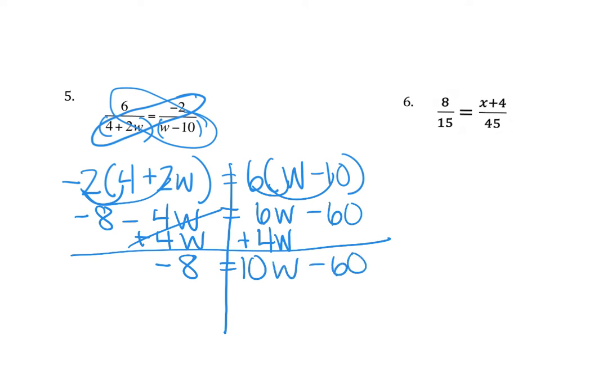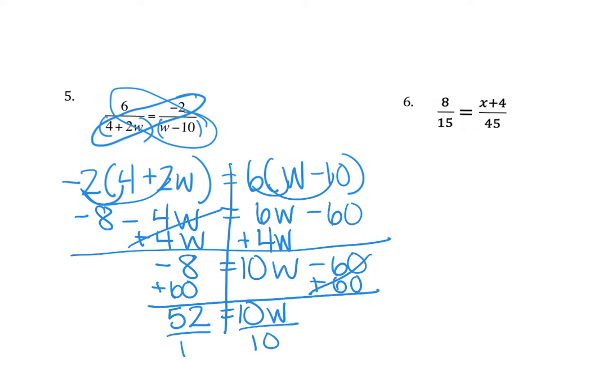Now we need to combine the numbers without the variables. So I'm going to undo by adding 60, and I'll have 52 is equal to 10w. Now all I need to do is divide, and w is going to be equal to 5.2.